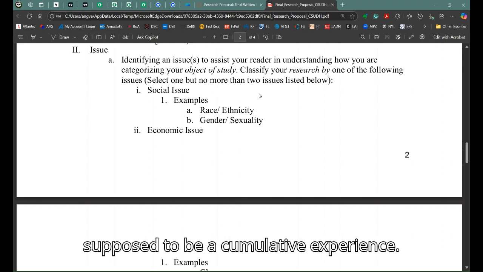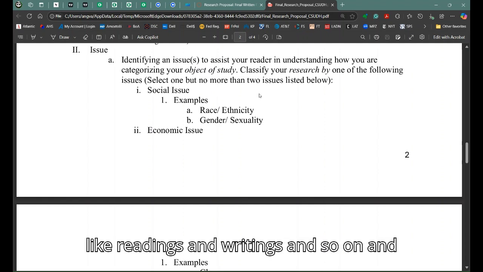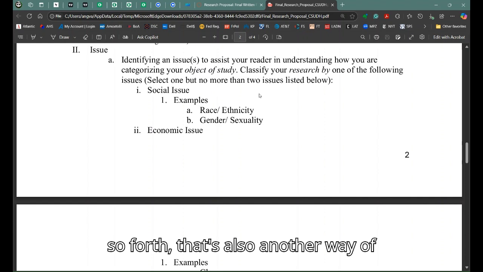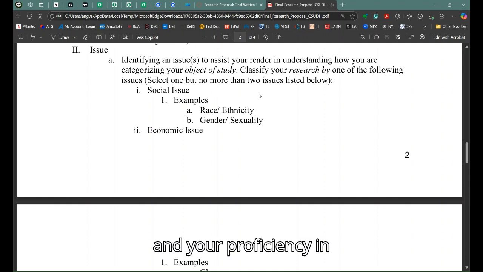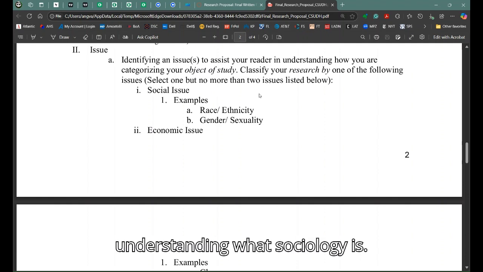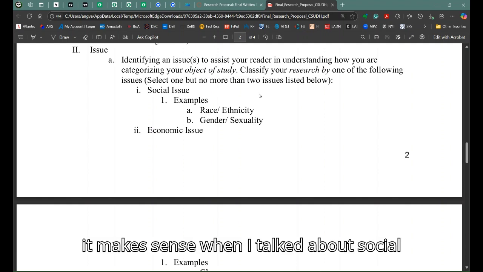The experience is supposed to be cumulative, and by accumulating readings and writings and so on, that's another way you develop your competency and proficiency in understanding what sociology is. It's not just taking classes just to graduate, right? There's a reason why you selected sociology. I hope it makes sense when I talk about social issues.